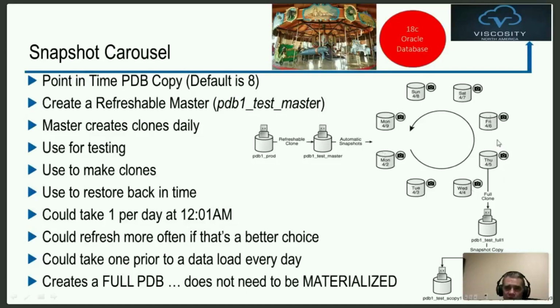Any of those snapshots during the week, I could take a clone off of, because it's always a full snapshot. This is a full PDB, doesn't need to be materialized if you're familiar with this. It is a full PDB copy. And you can see I can have little snapshot copies off of that clone as well.